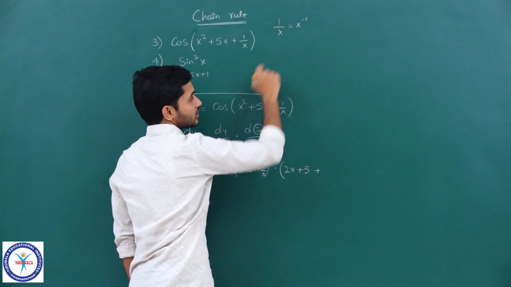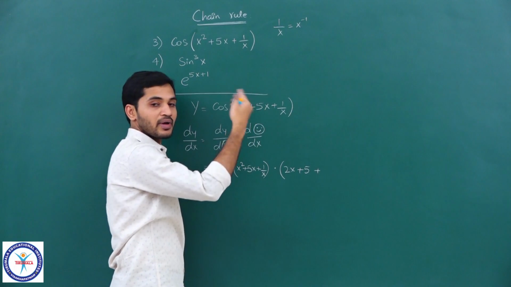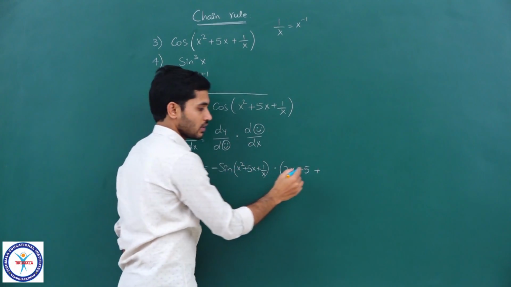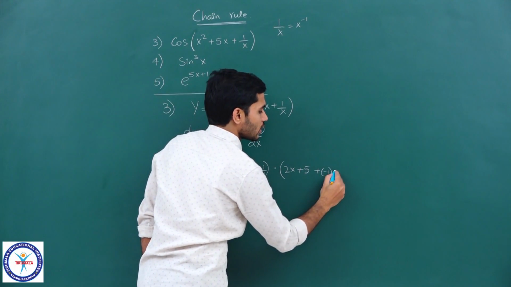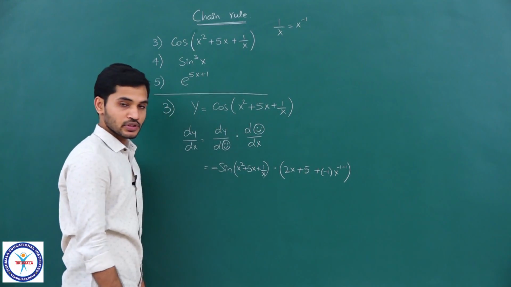When I differentiate this, minus 1 comes to the front, minus 1 into x power minus 1 minus 1. So, that is the expression which we get.